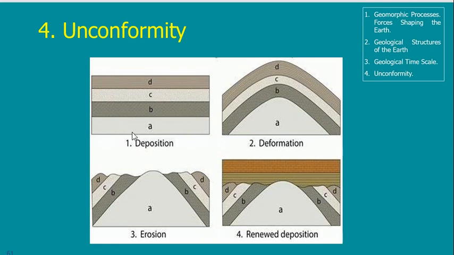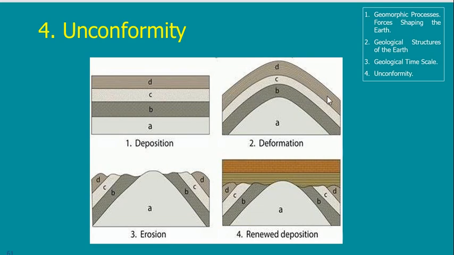I have layers A, B, C, D, and so on. Horizontal layers are formed. Then, due to forces on these deposited layers, they are deformed. When they are deformed, I have a different type. They are not horizontal anymore. They change in shape. Then there is a period of erosion.